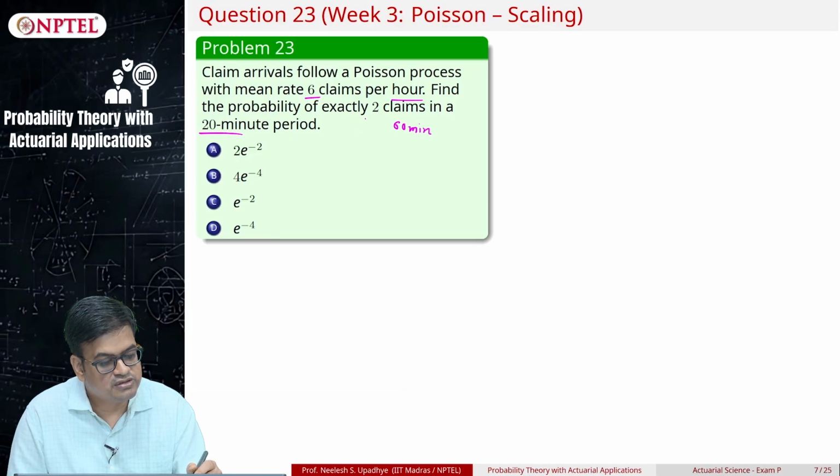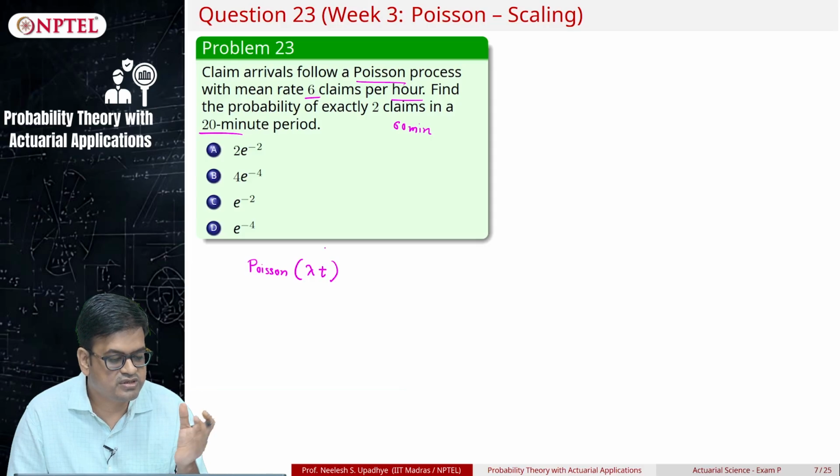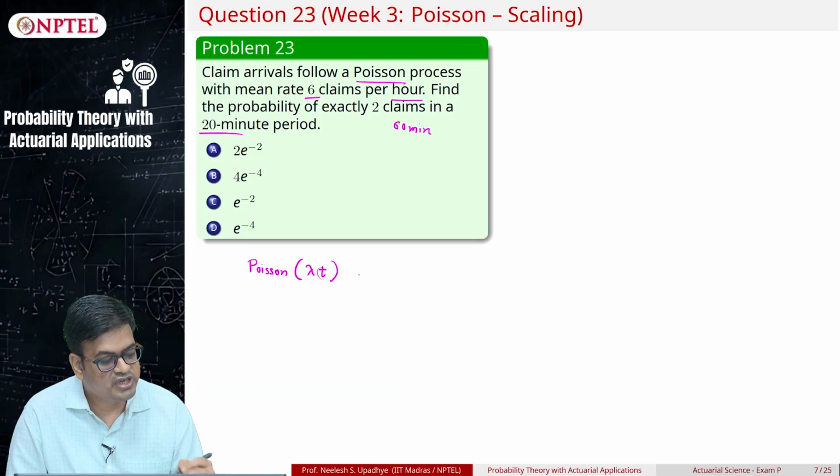So, now first, what is the distribution here? It is a Poisson process, Poisson with rate lambda t, and this t denotes the time in hours. Now, if t is equal to 1, this is Poisson lambda, but if t is equal to 20 minutes, what will this be?